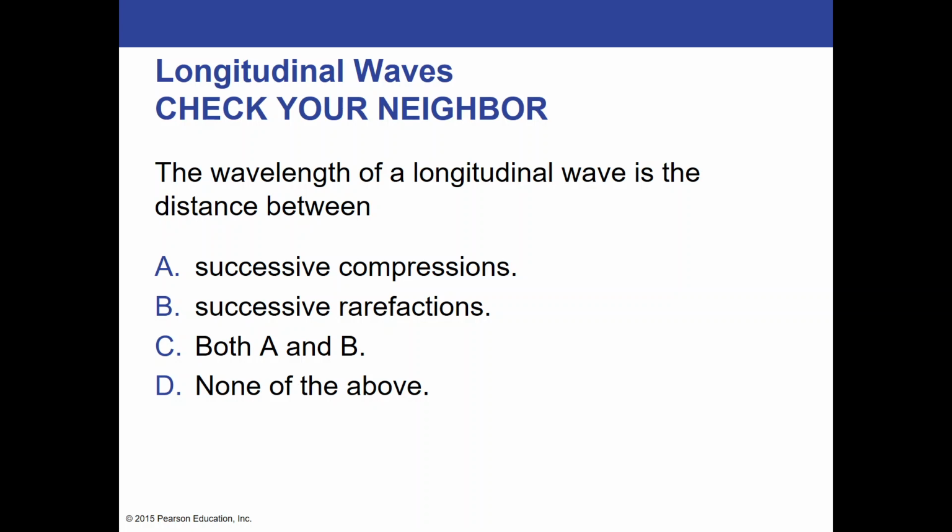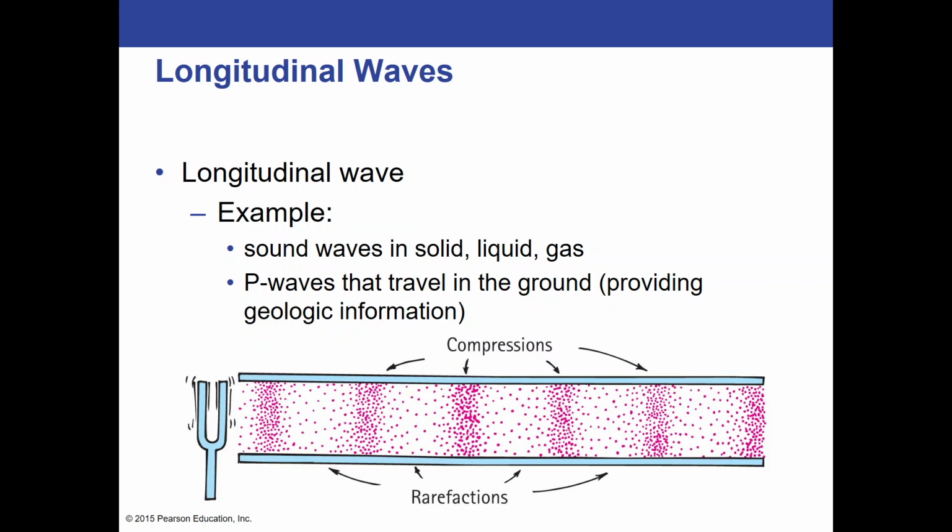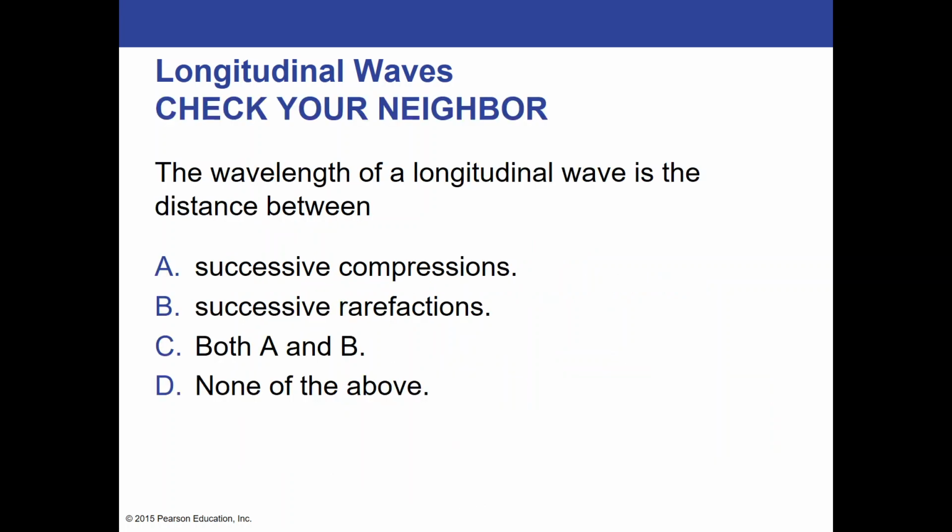Just like a transverse wave is crest to crest or trough to trough. Compression is what we call the crest of a longitudinal wave. Trough is the rarefactions. So it'd be A and B, any two identical portions.